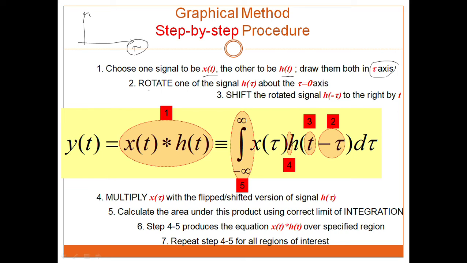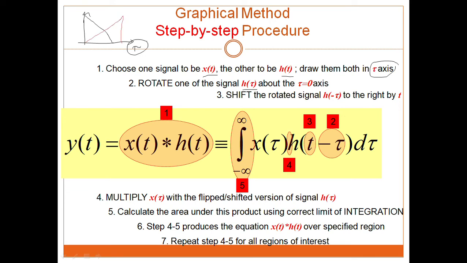Then rotate one of the signals, usually the second one, h(t), because it's the same whichever you choose. But let's fix the second one to be rotated about tau equal to 0. For the first example just now, the signal is like this, so we have to rotate it.